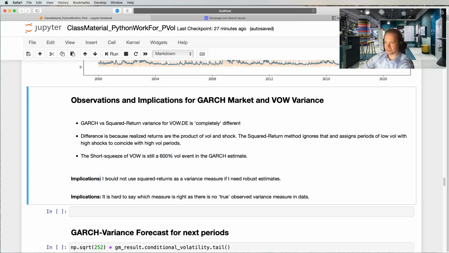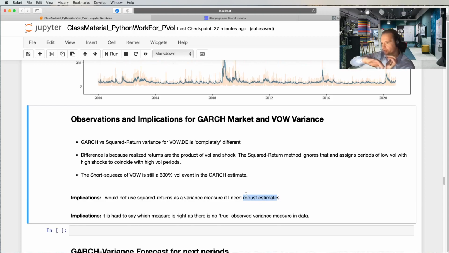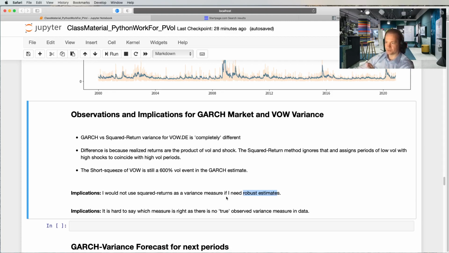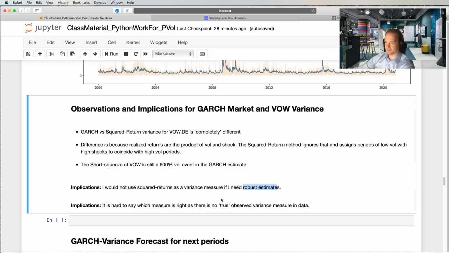Now, the implication, me personally, I would not use squared returns as a variance measure if I need a robust estimate. If I just need a quick view on the time series, I would do it. That's why I've also done it in the class. But if I care about the magnitudes, I wouldn't. And I gave you these two examples, the market and Volkswagen, to see for yourself and make your own opinion. That's just an opinion.